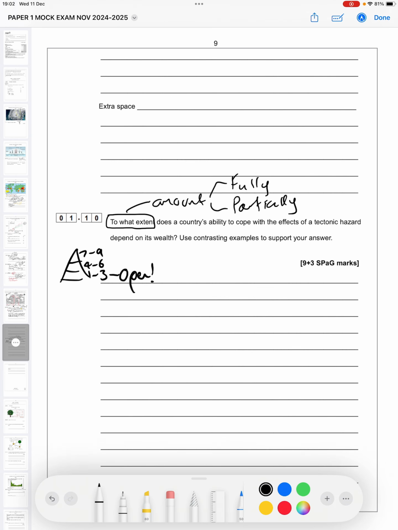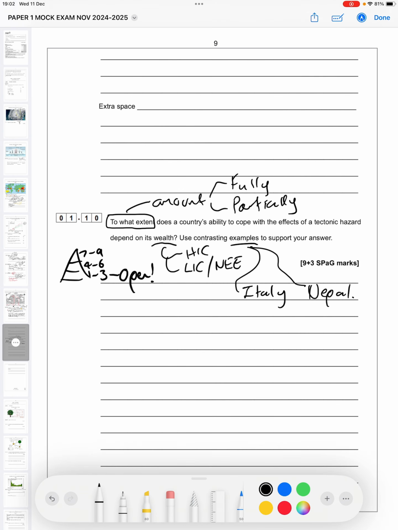Does a country's ability to cope depend on its wealth? So we're now thinking here, HIC and LIC/NIC. And we need to give contrasting examples. Now for my students, that would be Italy and L'Aquila, and it would be Nepal.